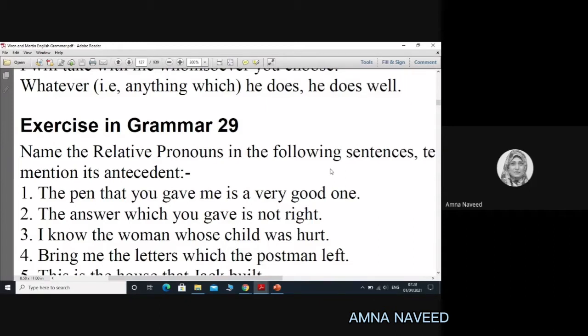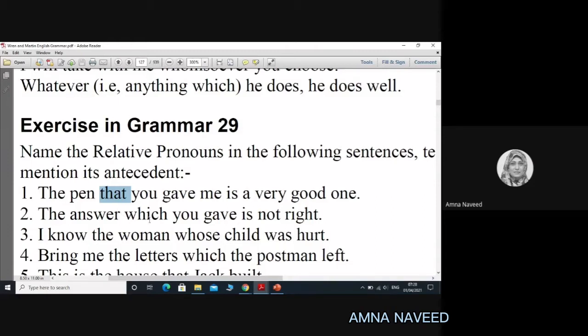So we are talking about a pen. So pen in this particular sentence is our noun, an antecedent, and that is known as, what is it called? Yes, relative pronoun.